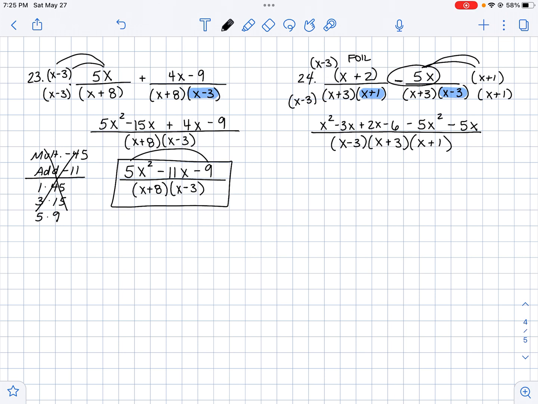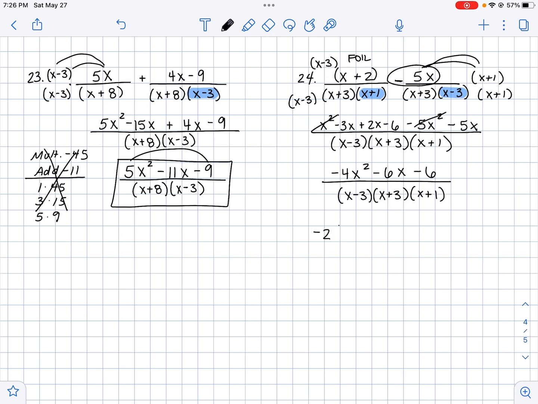And then I can just combine like terms on the top. So let's see what happens. I get negative 4x squared. I get negative 8. No, I don't. I get negative 6x and minus 6 all over (x minus 3)(x plus 3)(x plus 1).